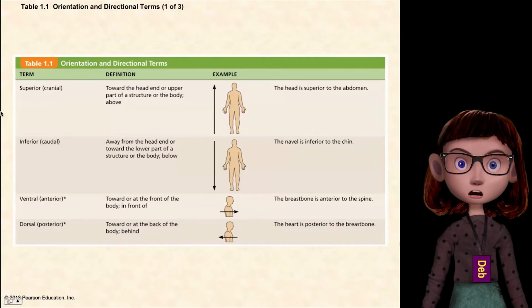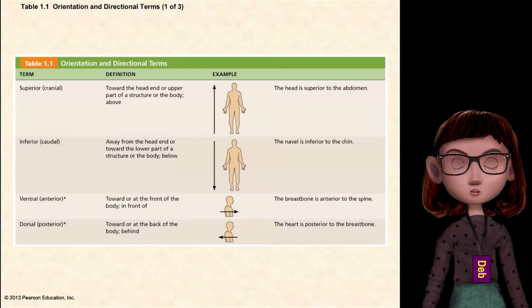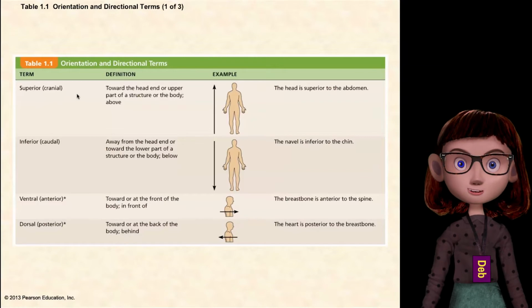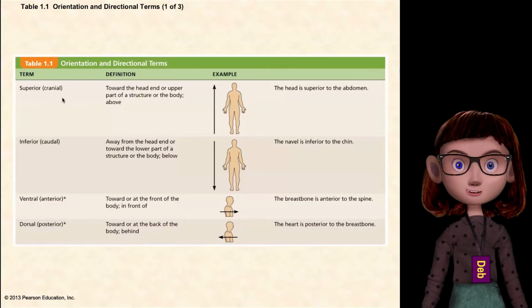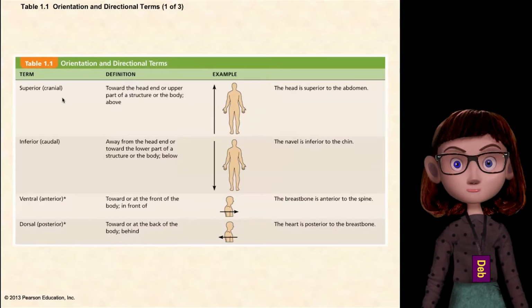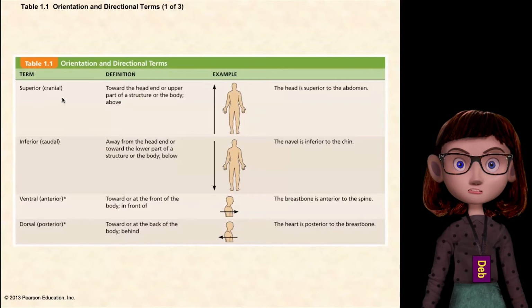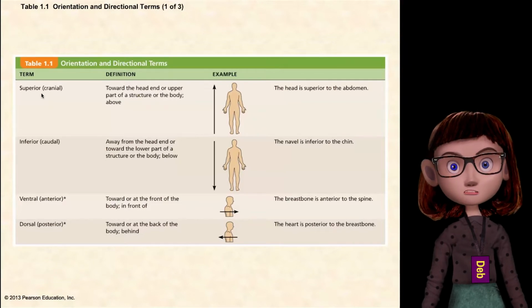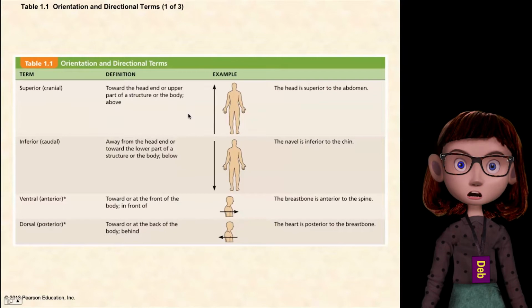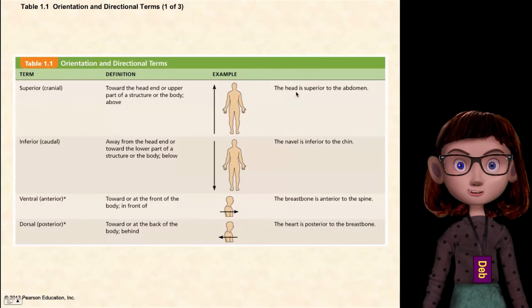But if you were a four-legged animal, for example, you're not standing upright on two legs. So when we use the word cranial, whether you're standing on two legs or four legs, it's always going to be toward the head, which of course with us is considered superior. So it's toward the head or upper part of the structure or body, and the head is superior to the abdomen.